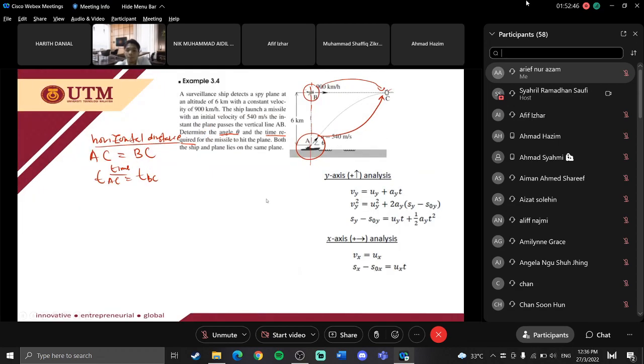So now you have the equations. So for horizontal distance, let's list all the information that we have.